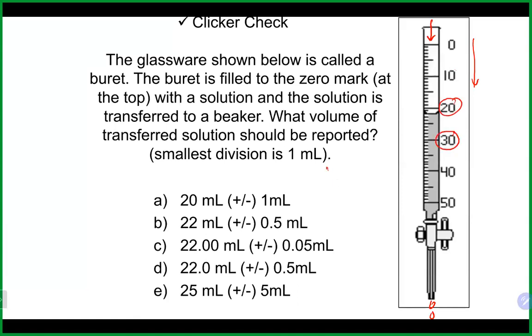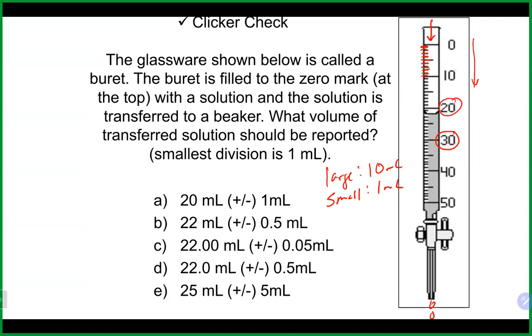So once again, our large marking is going to be 10 milliliters. If we count the dots, maybe it's our lines, it may be easier to see up here. 1, 2, 3, 4, 5, 6, 7, 8, 9, and 10 markings between the major units. So that means that each of the smaller markings will be 1 milliliter in this particular case.